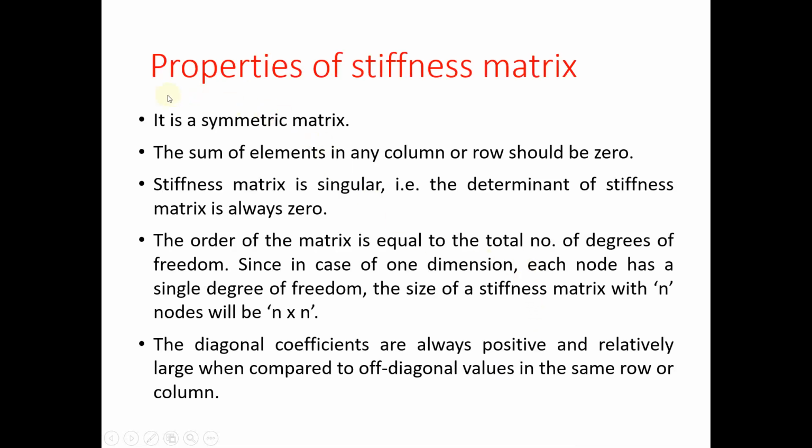So these are the properties of the stiffness matrix and it is applicable to all the stiffness matrices. ഇപ്പോൾ എത്ര വലിയ മെട്രിക്സ് ആണെങ്കിലും stiffness matrixന് ഈ പ്രോപ്പർട്ടീസ് എല്ലാം applicable ആണ്. It is valid.